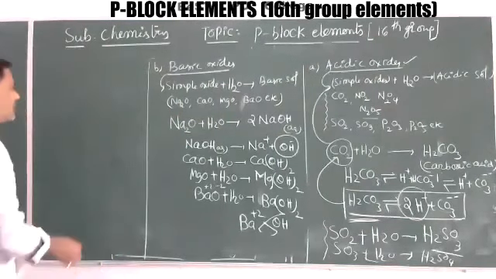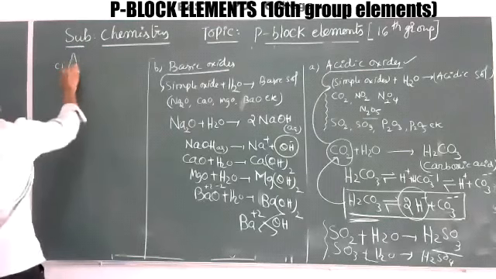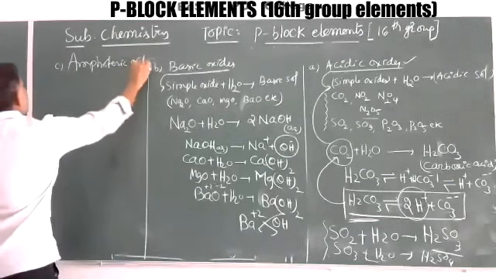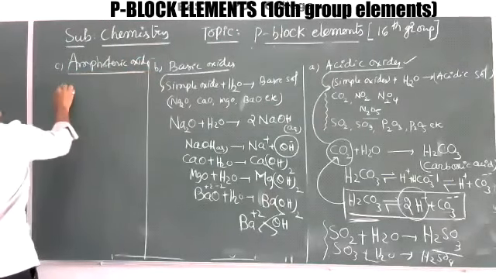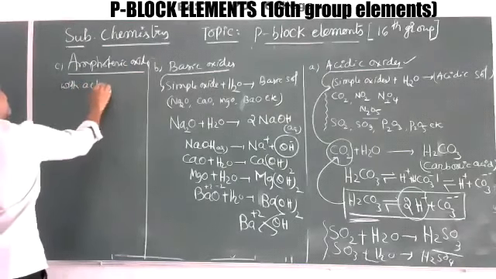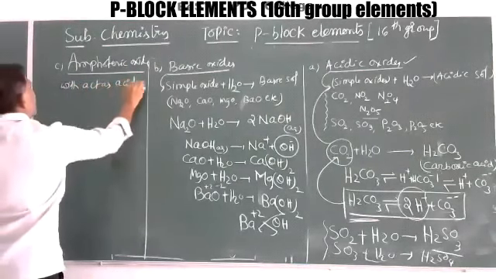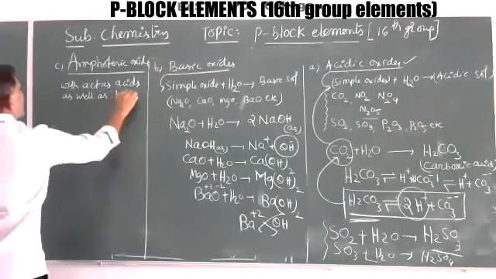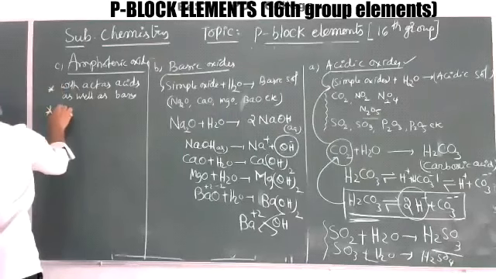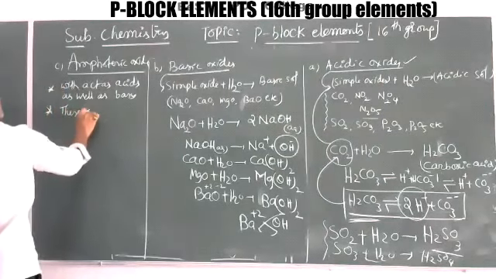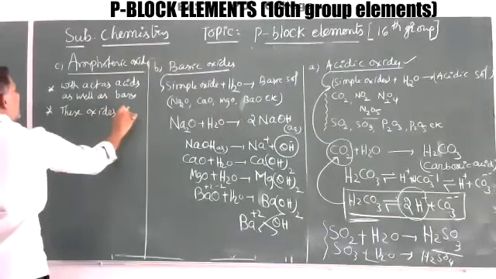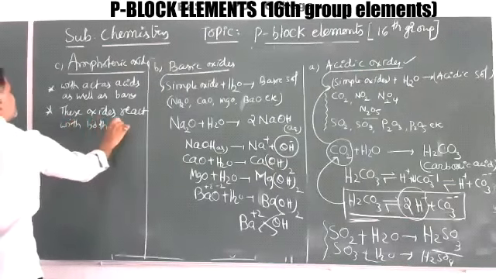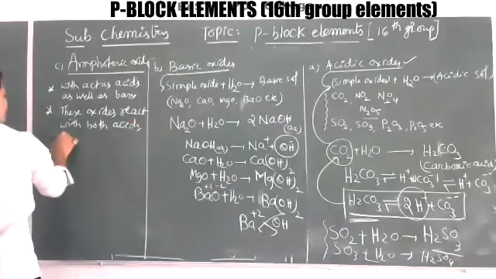The third one is amphoteric oxides. These amphoteric oxides are the oxides which act as acids as well as bases, or we can say these oxides react with both acids as well as bases.